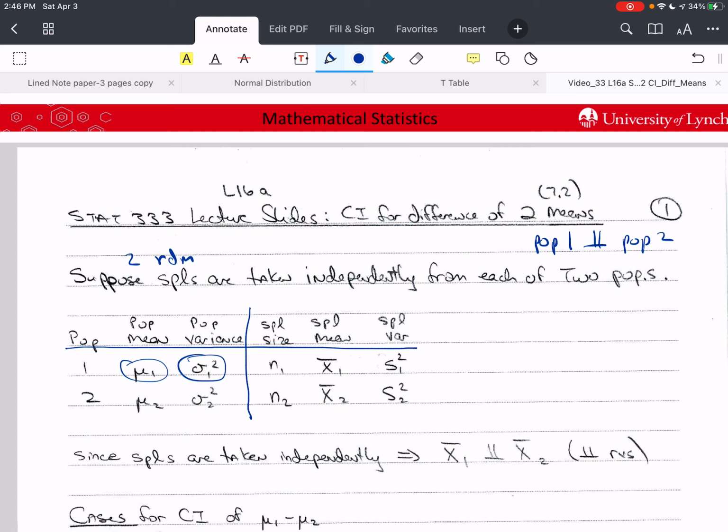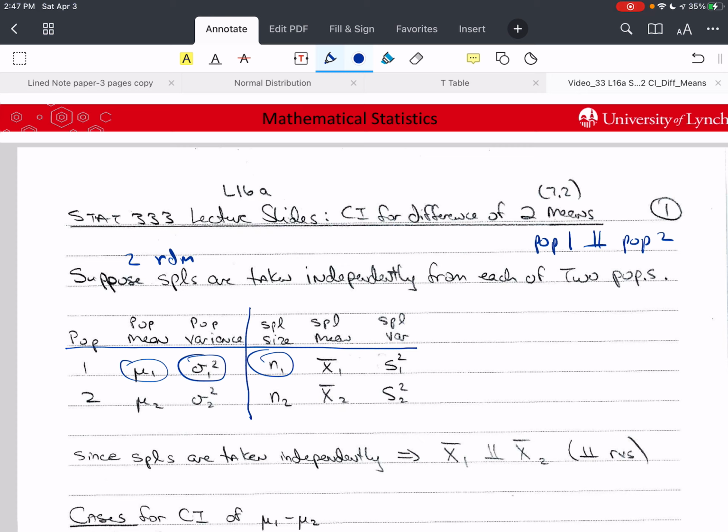And the same for population 2, the mean is mu2 and the variance is sigma 2 squared. For population 1, the sample size is n1. The sample mean is x bar 1, and the sample variance is s1 squared. And likewise, we can see the notation for population 2. Since the populations are independent, the samples are taken independently of each other. They're from two different populations, so that means that the populations are independent.